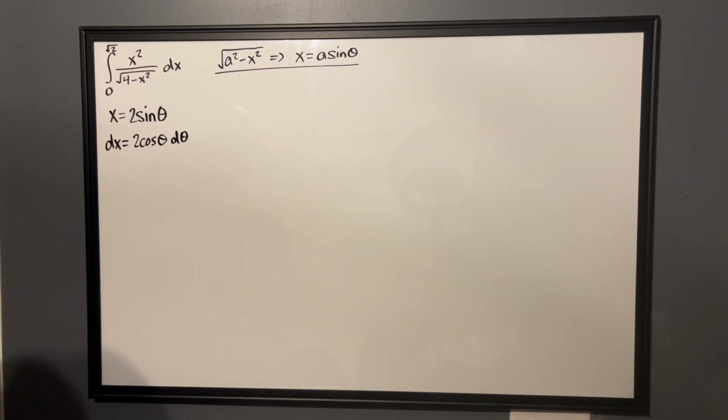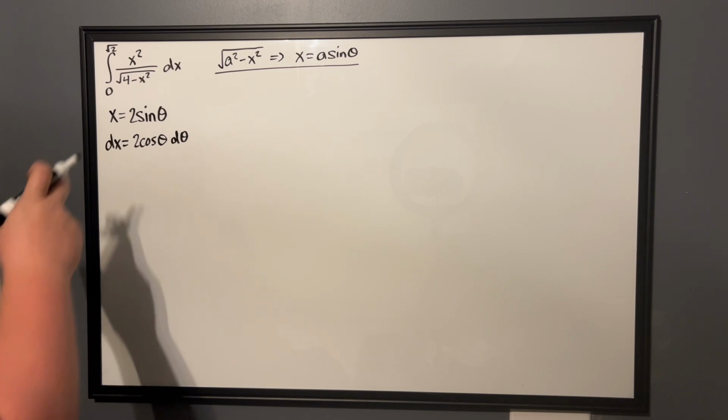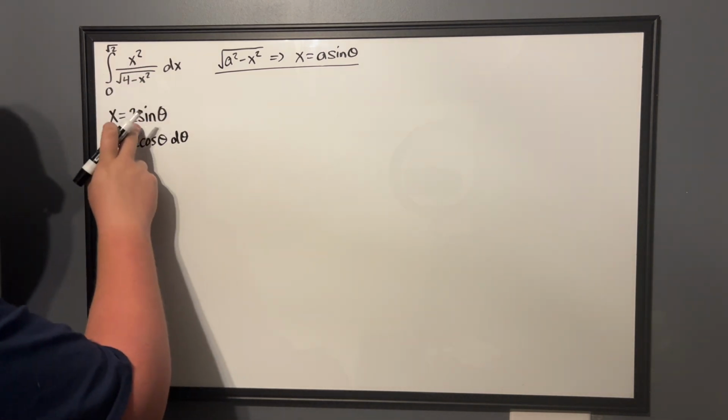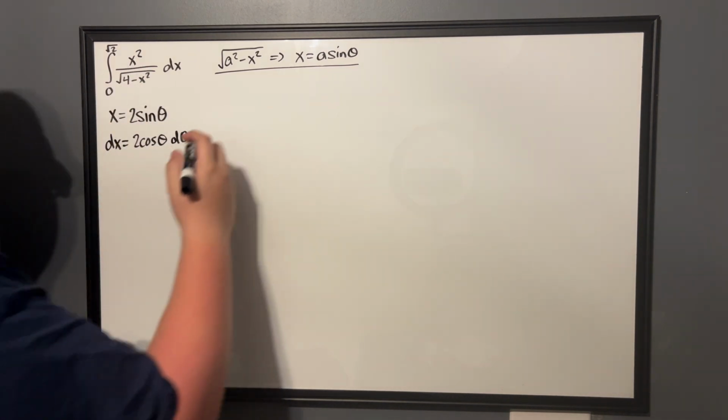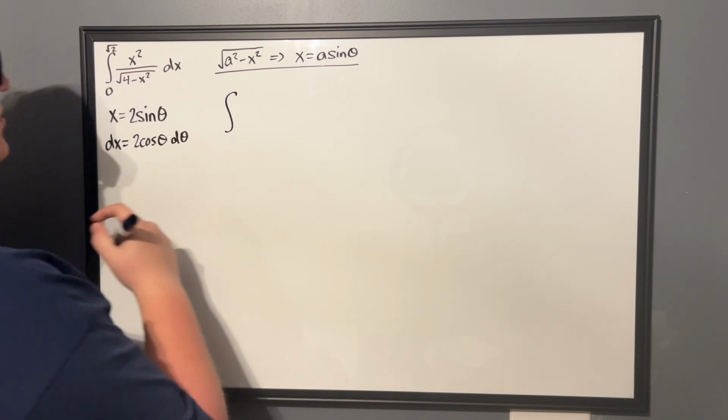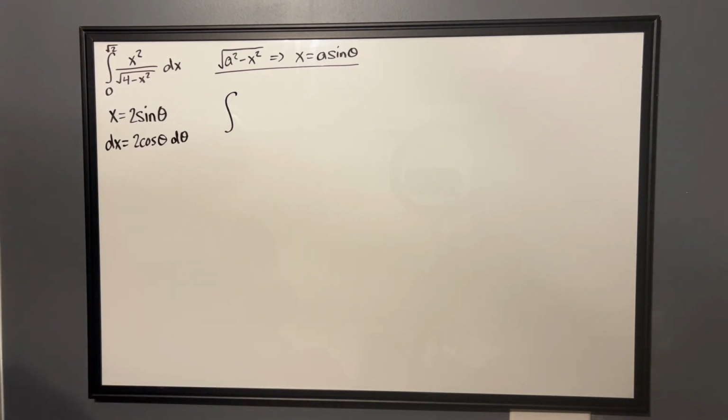Now that we have this substitution, we can go ahead and break this up into these forms of x's and dx. So for our new integral, I'm going to drop the bounds for this question because we're going to do a lot of work and I don't want the bounds to get mixed up.